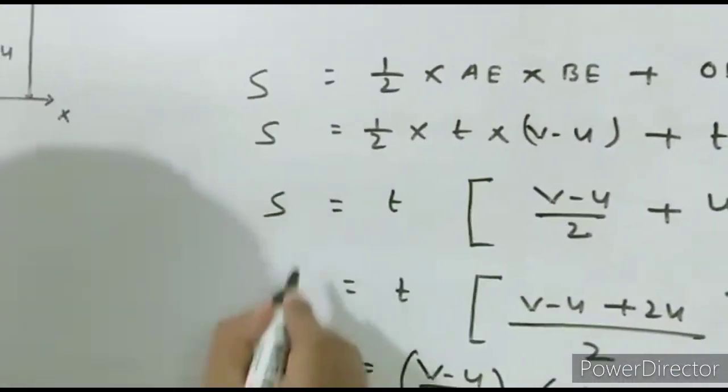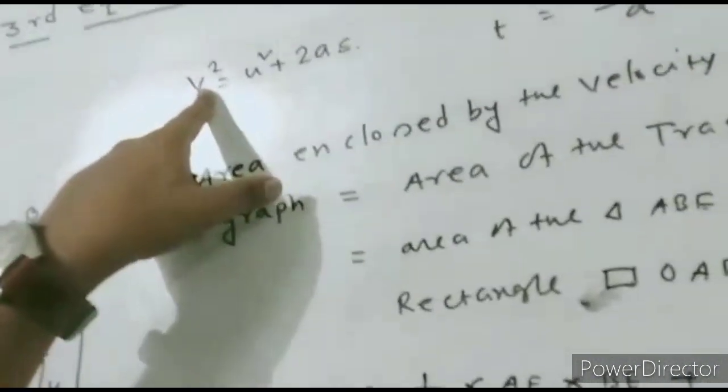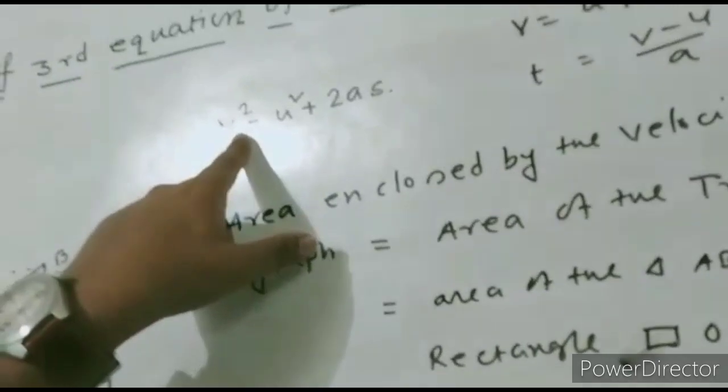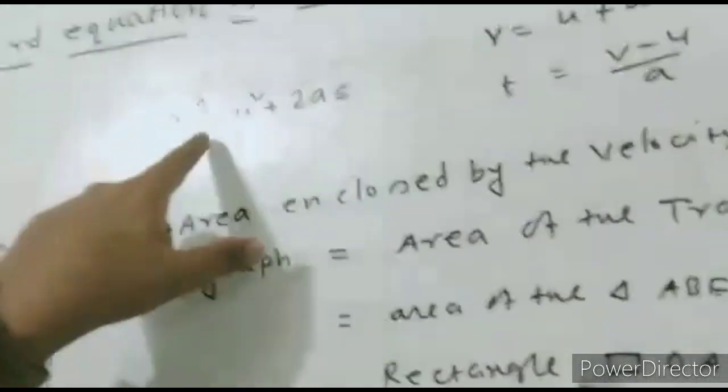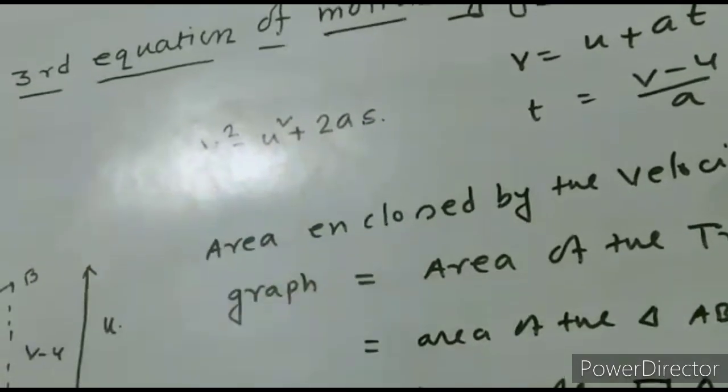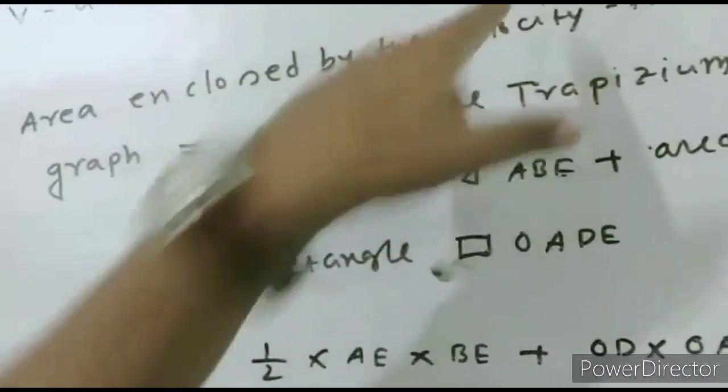This is the displacement of the body. Why do we replace the value of t? Because our target is to prove the third equation of motion, v square equal to u square plus 2as. In this equation t is not there, so we replace t in terms of (v minus u) by a.